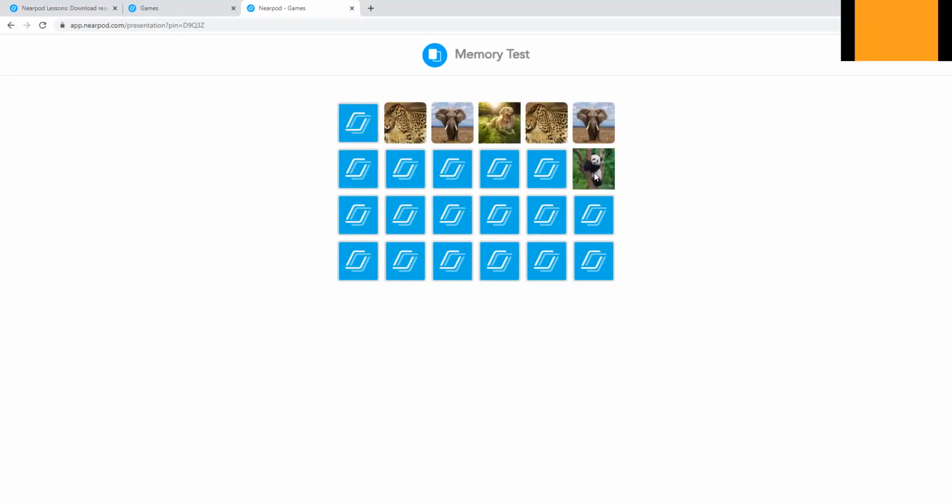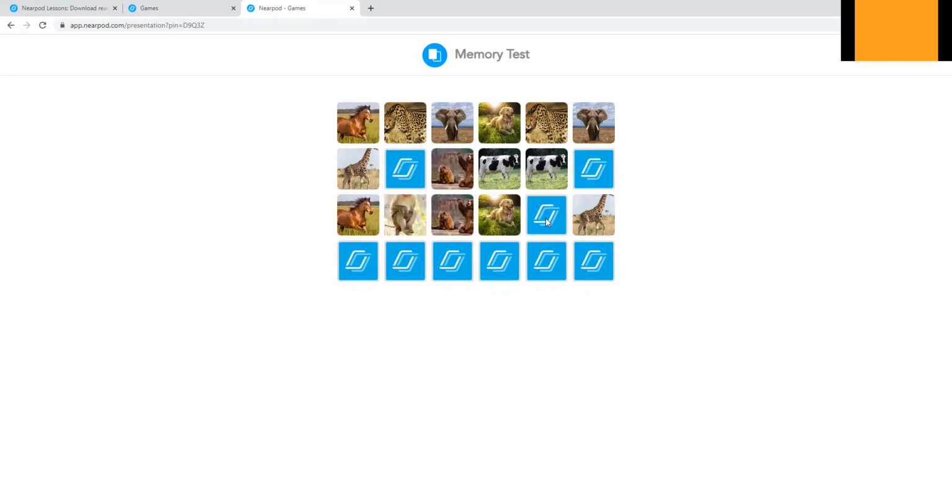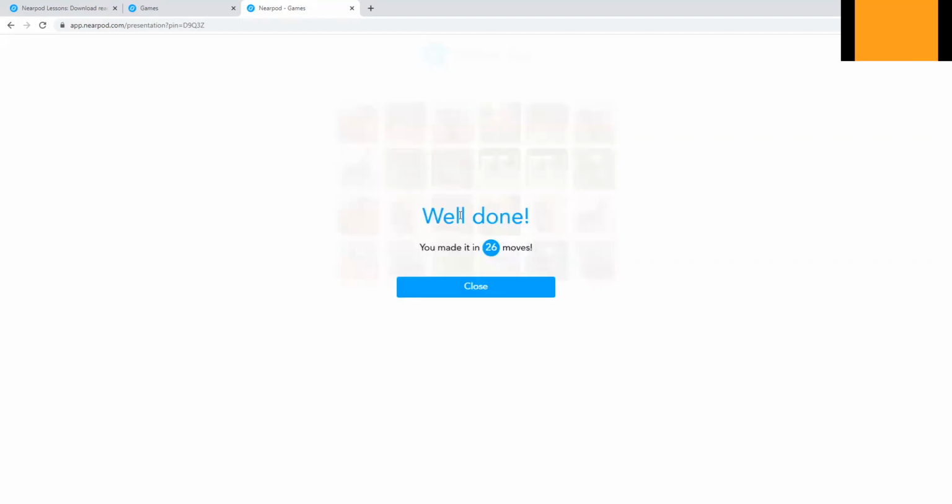A cheetah, a giraffe, a horse in here, cow, dog, a monkey, a zebra, a cat, a bear, a cat is here, not that one, a zebra, a cat, and a tiger.